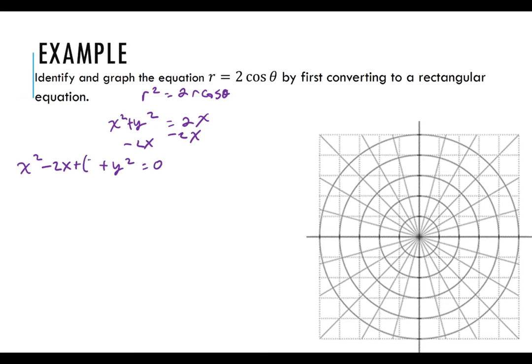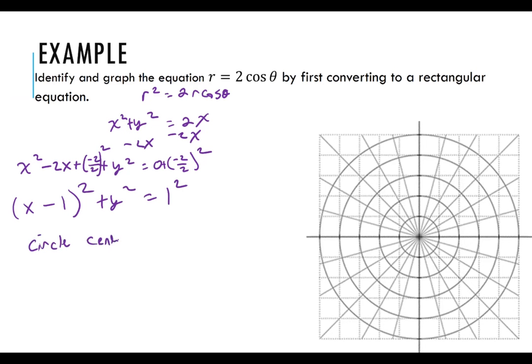Add that magic number, that is b over 2 quantity squared. So add that to both sides. Then this factors as x minus 1 quantity squared plus y squared is equal to 1 squared. Then I get a circle centered at 1, 0 with radius 1.